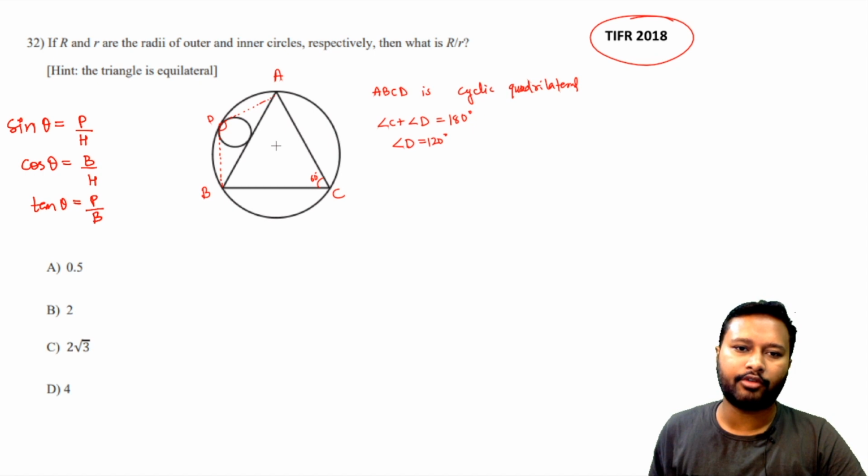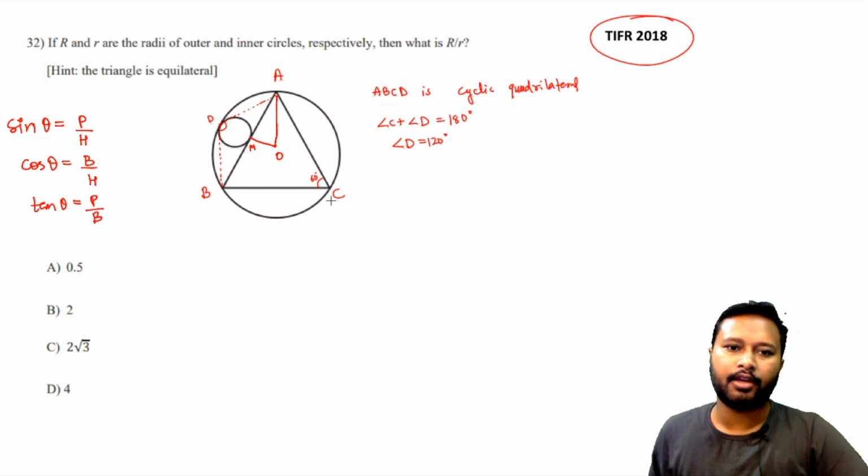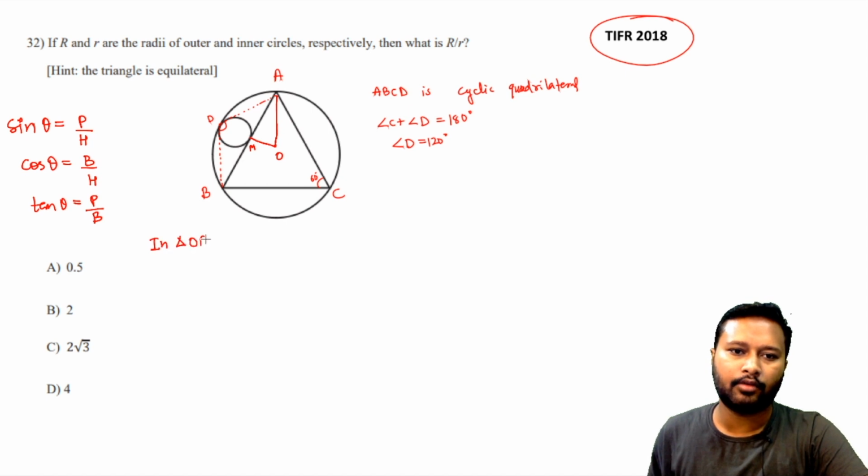Now I am going to take the center of the circle here as O, and I am going to join this point A and O, and join this O with this point. Let's call this point M. So now in triangle OAM, what do I have?